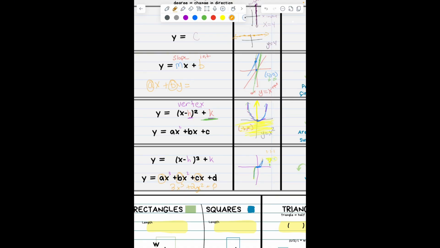You'll be given numbers that will go there, but the x will always stay an x. The x squared will always stay x squared. That's what is going on. You're given different inputs, but this is a placeholder because I couldn't write every possible constant you're going to be given. They will give you constants. They'll give you something like 3x plus 2y equals 4. So when I say ax plus by, they'll put numbers there, but the x and the y will stay.